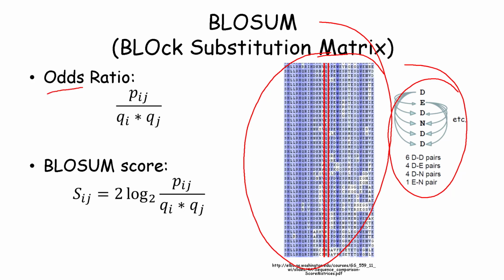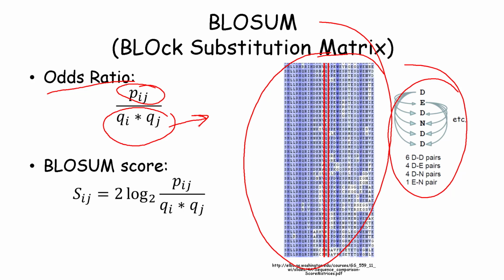The odds ratio is defined as the frequency of observing an event divided by the frequency at which we expect it to happen by random. In other words, it is defined as observation divided by expectation. Here we divide the frequency of observing two amino acids together, I and J, by the multiplication of their background frequencies, which gives us the expected frequency that they would be observed together by chance.